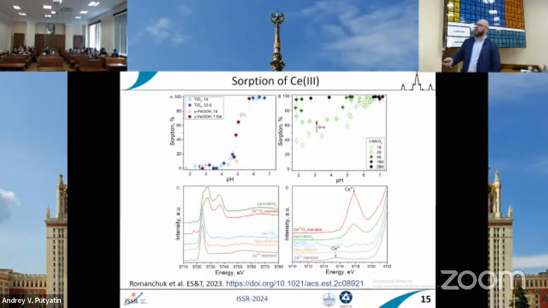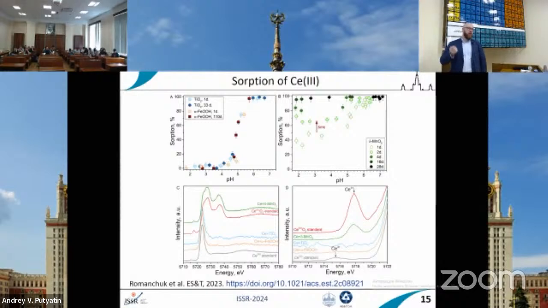And you can see that when we look at the system where cerium sorbed on either iron oxohydroxide or titanium dioxide, there are only features that are similar to cerium(III). There are no features similar to cerium(IV). But in the case of cerium sorption on manganese dioxide, there is a clear feature of cerium +4.